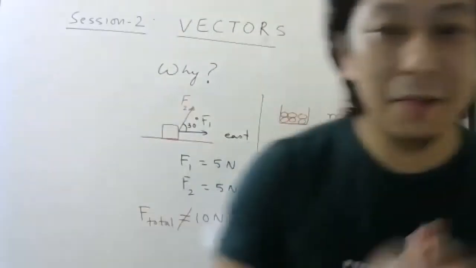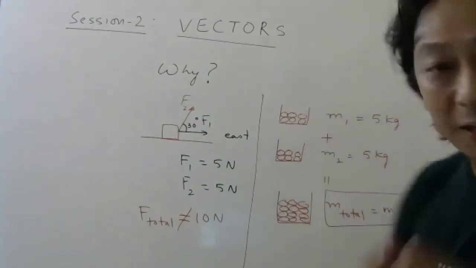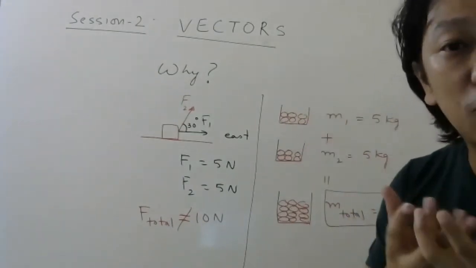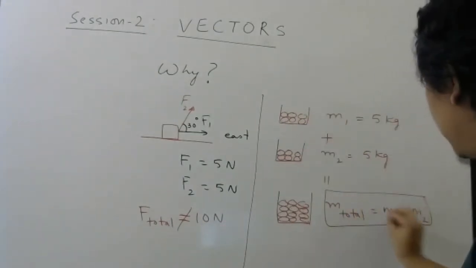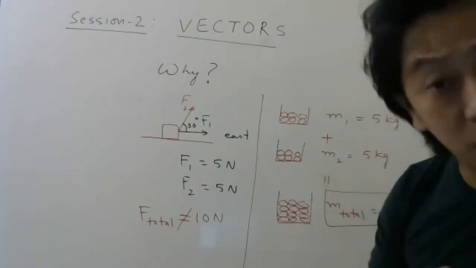So till now, what I'm trying to explain to you is that when we take mass and I ask you the total mass, we just add normally. There is a very simple way of adding them that you learn in school also.